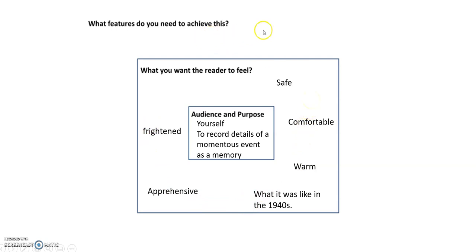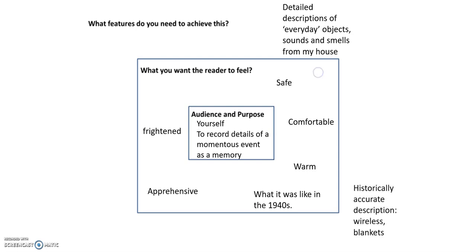Okay. So now, what features are we going to need to achieve the feeling of being safe and comfortable and warm? So let's look first of all at descriptive features. So I'm going to make sure that I use my senses to describe what I can see, the everyday objects around me, and the sounds and smells from my house. Okay, familiar things.